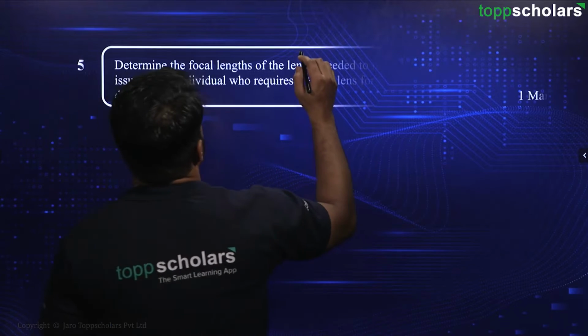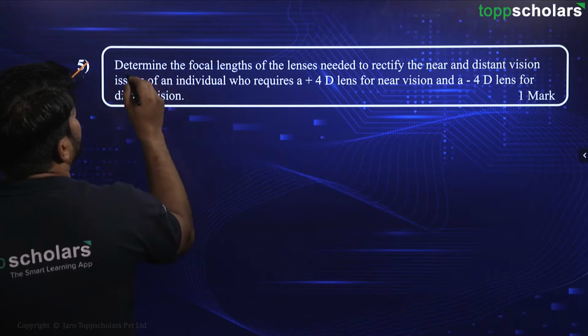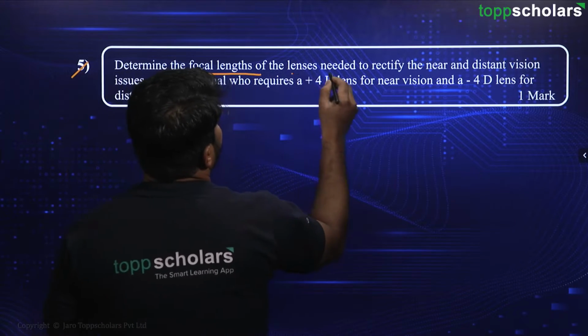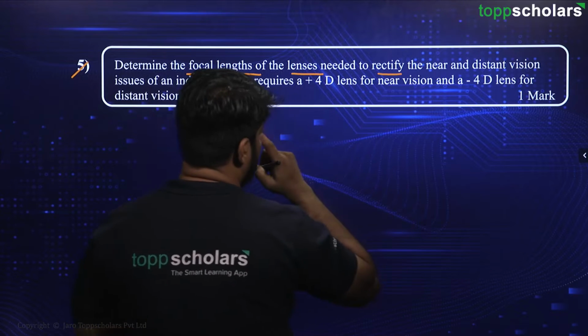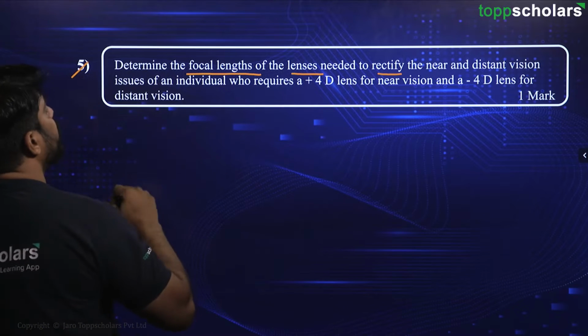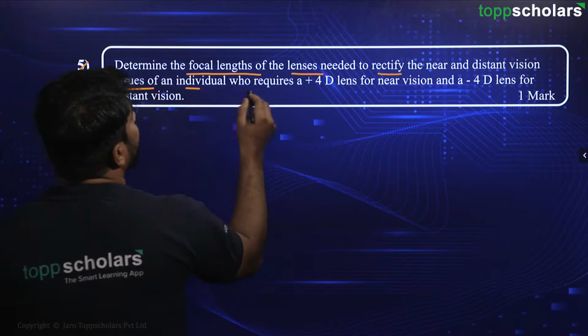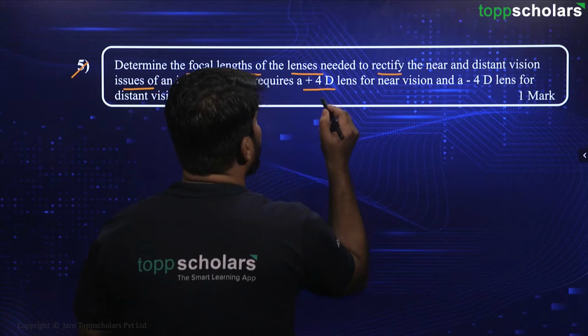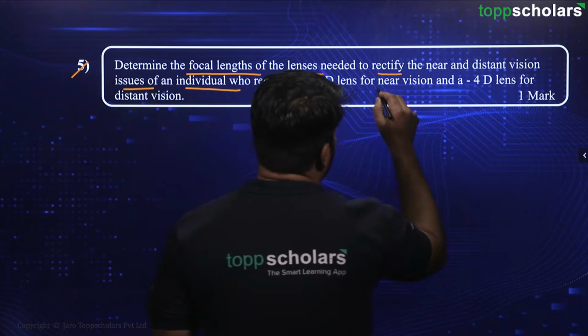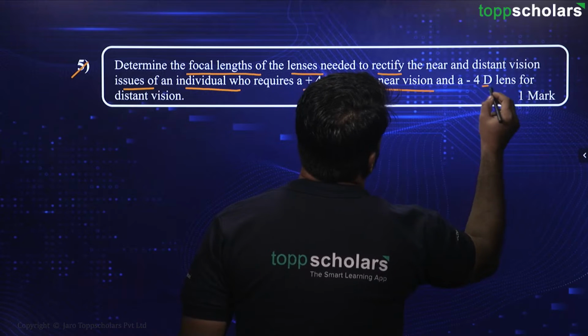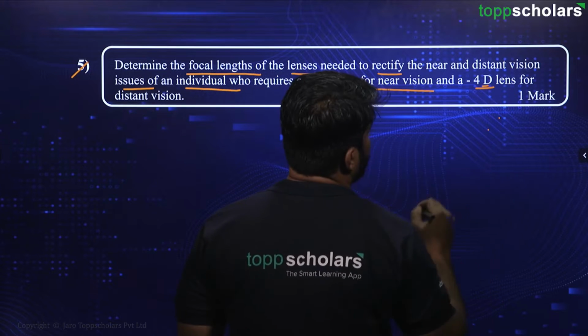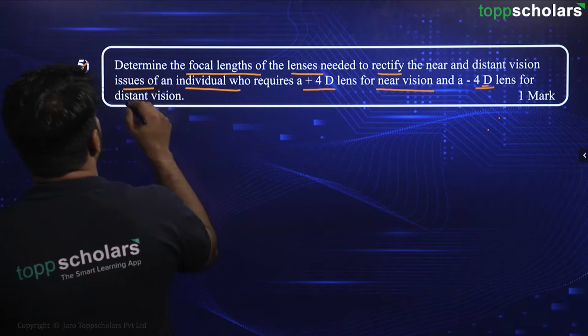Moving on to the next question, question number 5. Determine the focal lengths of the lenses needed to rectify the near and distant vision issues of an individual who requires a +4 diopter lens for near vision and a -4 diopter lens for distant vision.